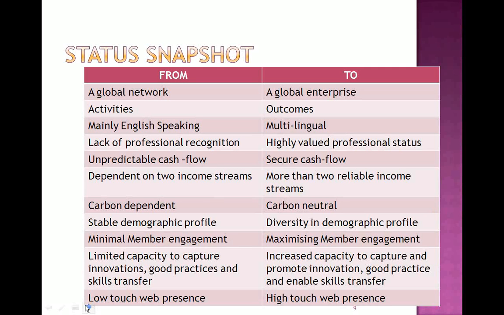It also helps, from an evaluative point of view, to identify where some of the barriers might have been. So if we look at the status snapshot from IAP2's point of view, and we come into an environment with unpredictable cash flow, that is going to be quite challenging in this economic environment. So what are the methods that we need for secure cash flow?